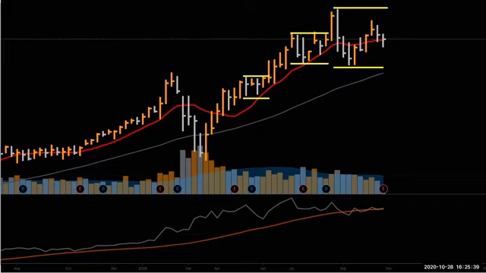It's that broader perspective that carries more weight. So that's why when we're looking at base patterns, we want to take that broader perspective.